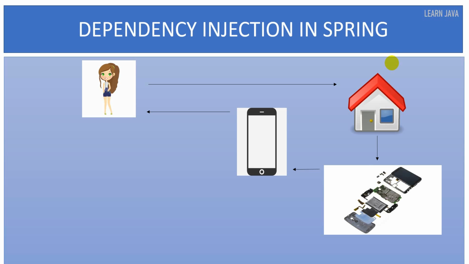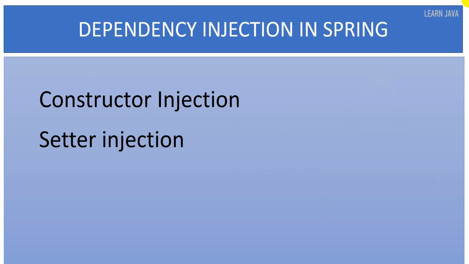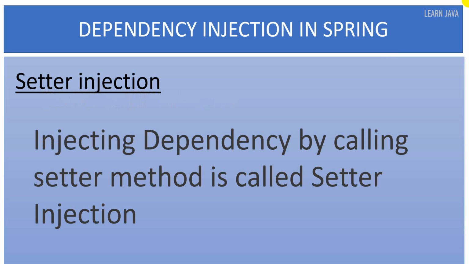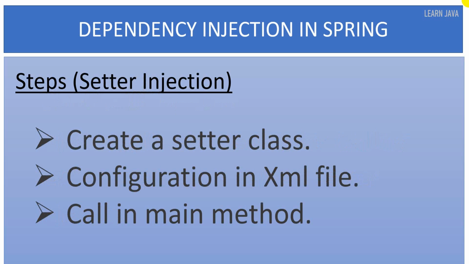Dependencies are like helper classes. Screen helps to build a phone. Card reader also helps to build a phone. Dependency injection can be done in various ways, which are constructor injection and setter injection. In this video, we will learn about setter injection. Injecting dependency by calling setter method is called setter injection.